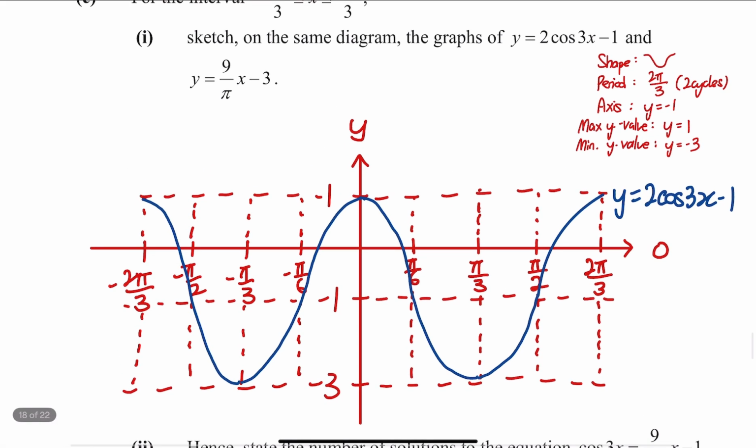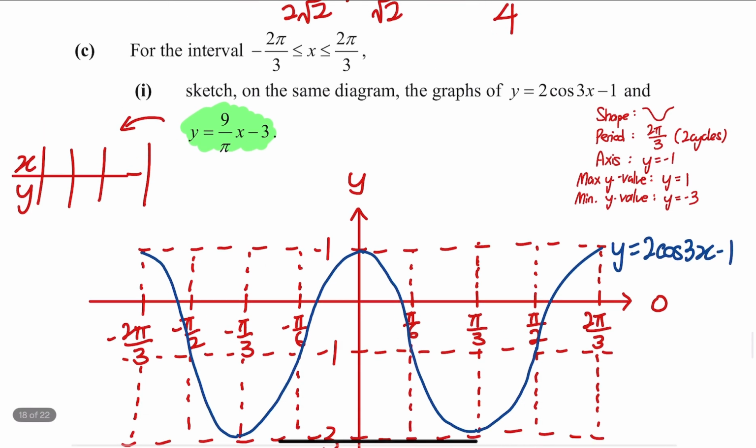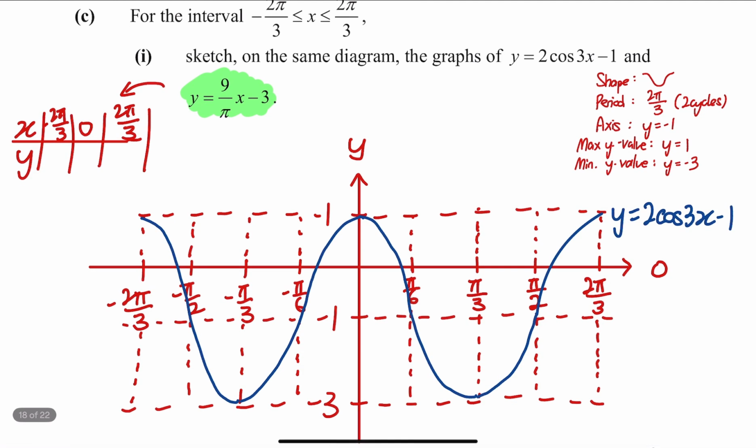Next part, I'm drawing this line here. To draw a line, always remember to draw a simple table of values at the side: x and y. To draw a straight line, I just need 3 points. These 3 points should map out based on the range of the graph: negative 2 pi over 3, 0, and 2 pi over 3. Then from there you can easily calculate the values. Actually, if you look at this graph over here, you realize that it should cut at negative 3 when the x value is 0.